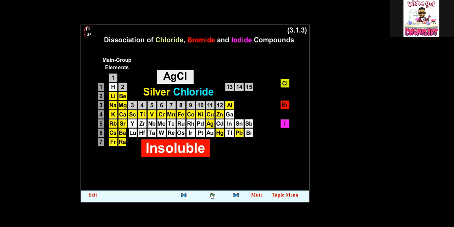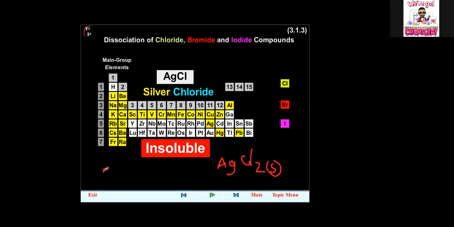So therefore, it does not dissociate. It is going to stay together as AgCl solid. It's still together. It's not soluble in water. It doesn't dissolve, so it remains as a precipitate.